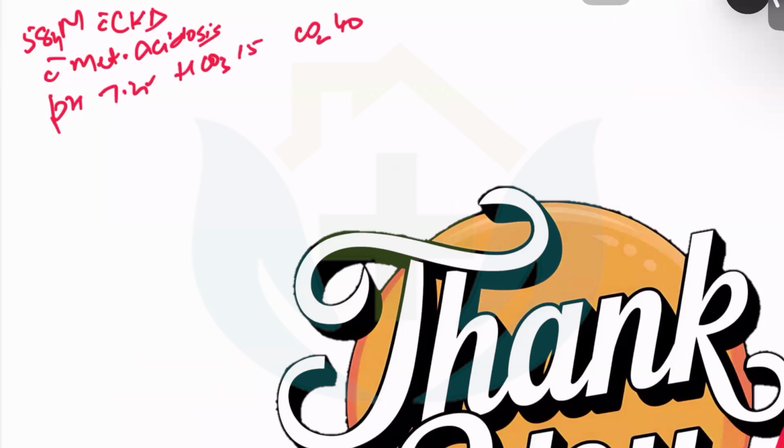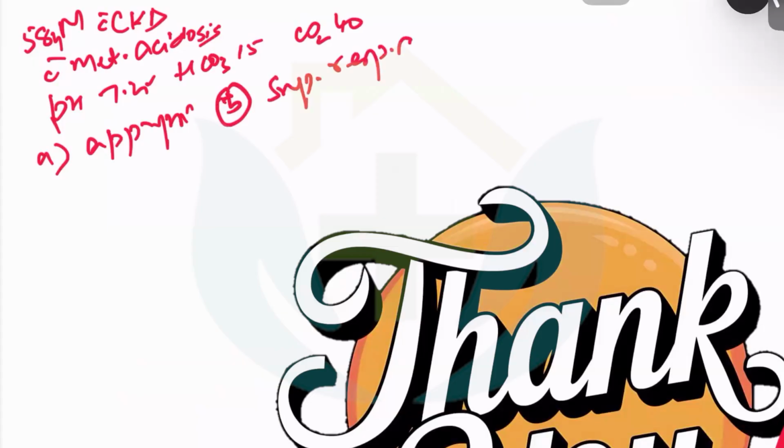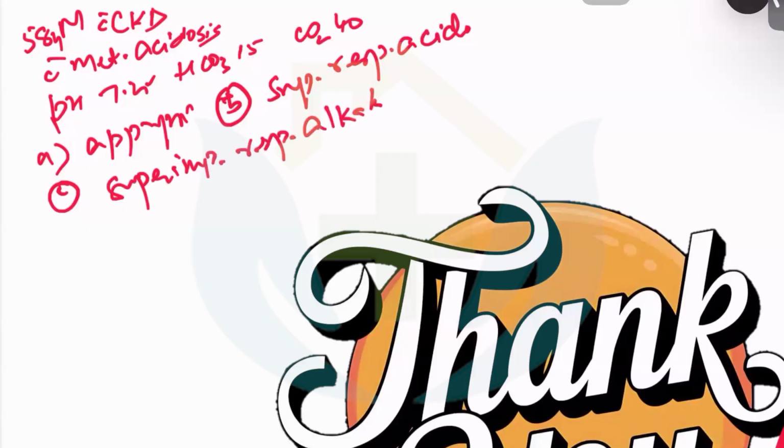So is it appropriate? Is it superimposed respiratory acidosis, because pH is 7.25? Is it superimposed respiratory alkalosis? Or is it a normal ABG for a CKD patient?